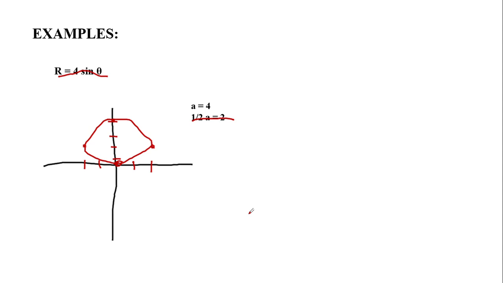And now let's have r is equal to negative 16 sine theta. On the last example, our A was positive.